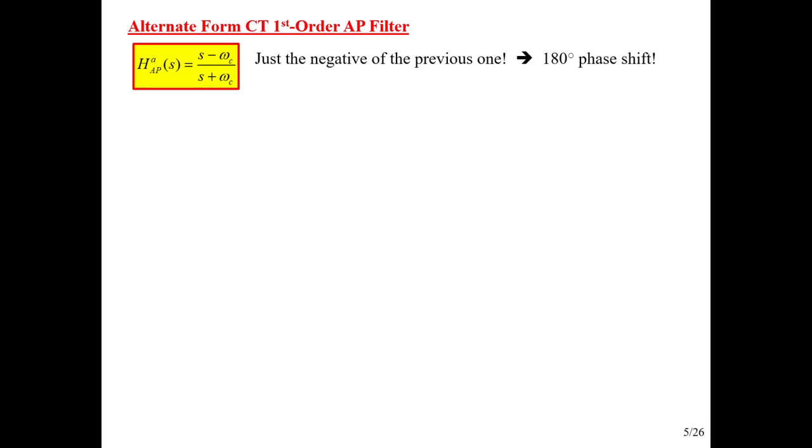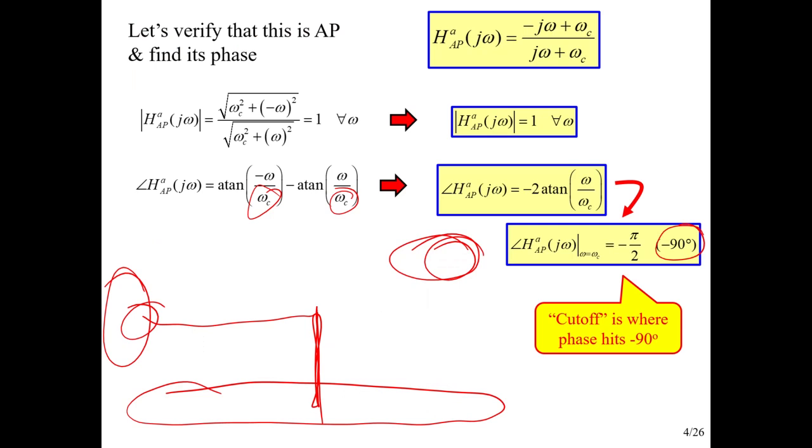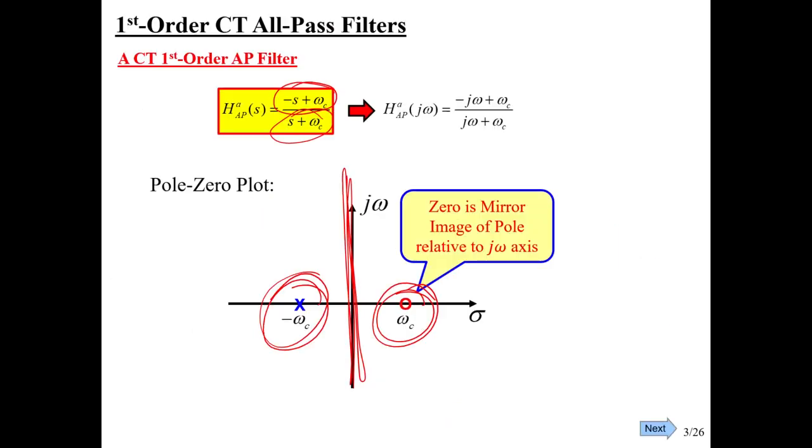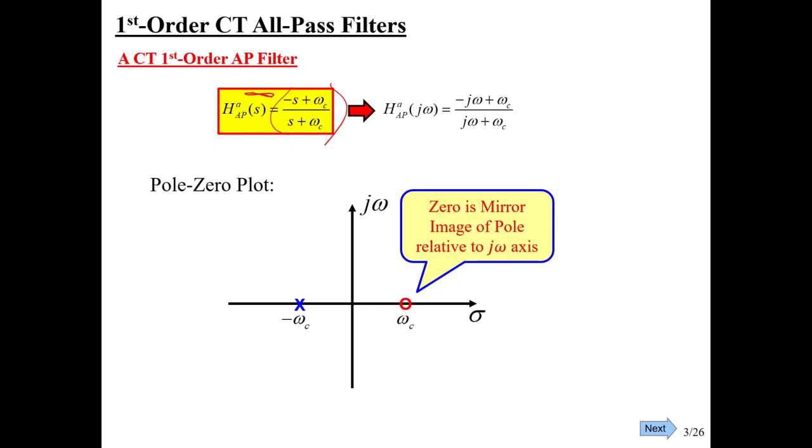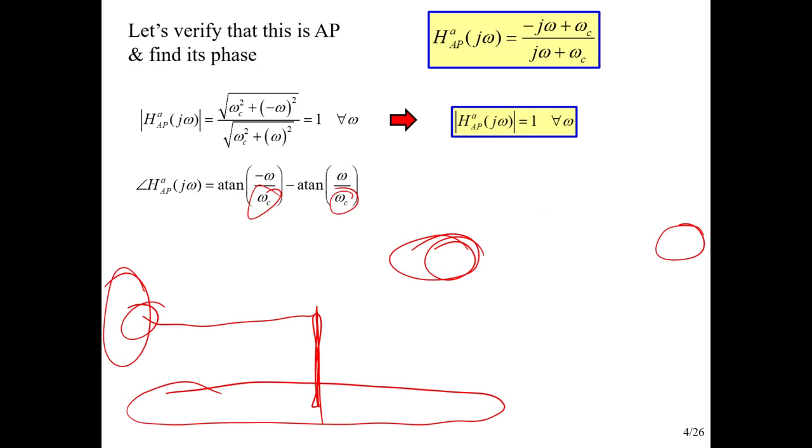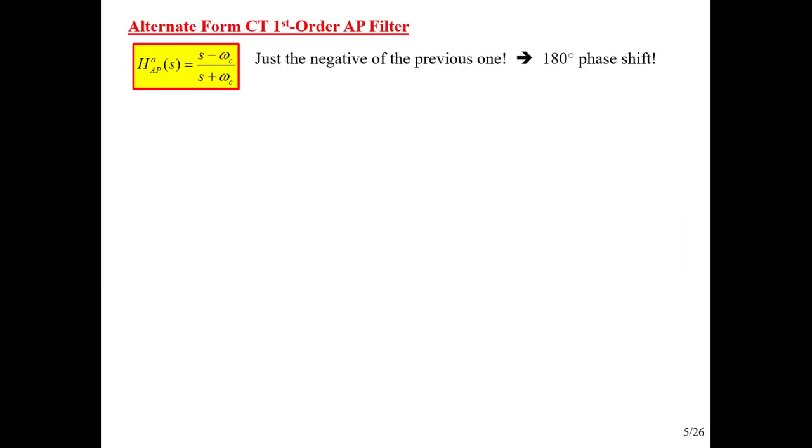Okay, there is an alternate form. The only thing that I've done is multiply the whole thing by a negative sign. So if you look back at what we had for our transfer function, if I multiply the whole thing by a negative sign and pass that through just in the numerator, I get a plus there and a minus there. And so that's what we have here.